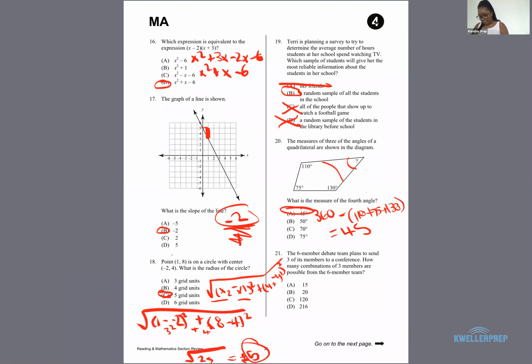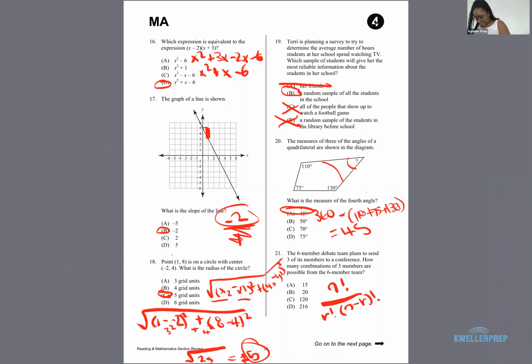And the formula for combinations is n factorial over r factorial times n minus r factorial.